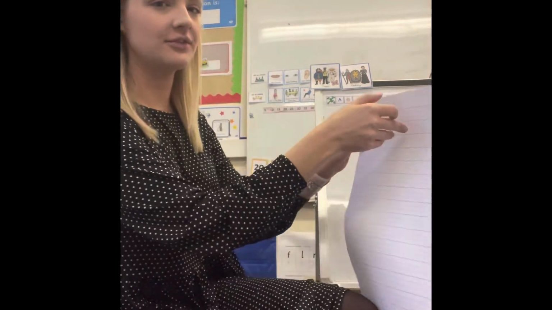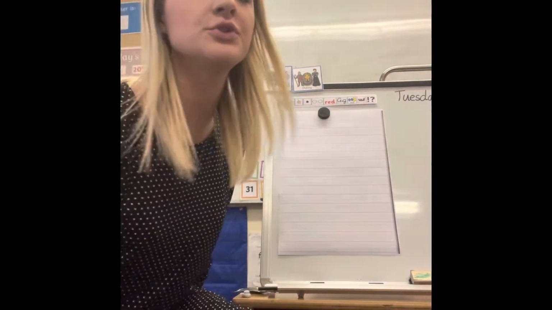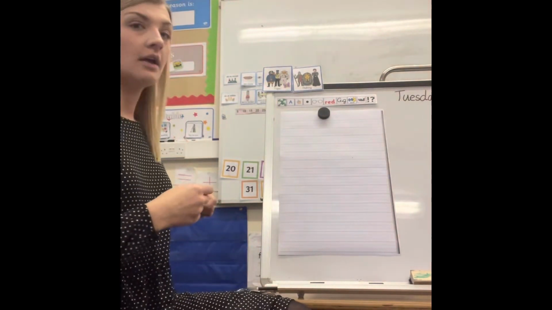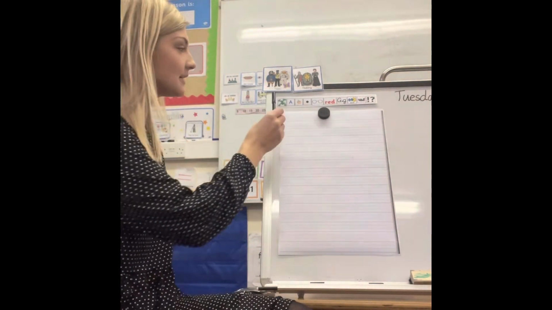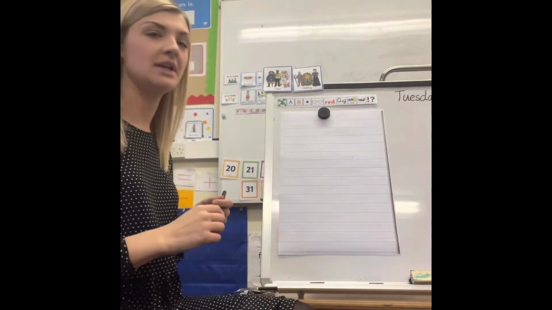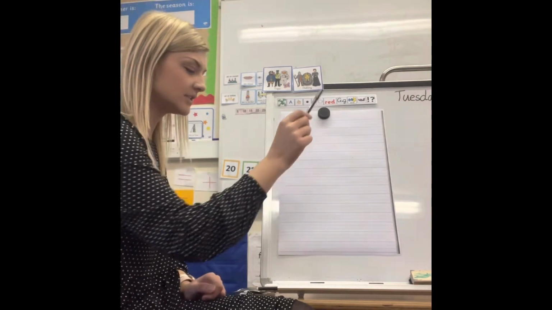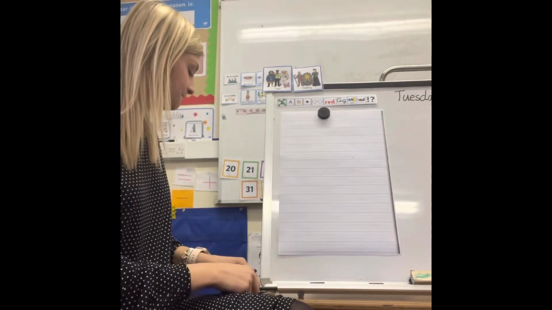Now today I've got some of our snazzy writing paper to help us with our capital letters, finger spaces, full stops. Remember, Fred helps us sound out our words. Capital letter at the beginning, finger space between our words, full stop at the end of sentence. Read your sentence through to check it makes sense.